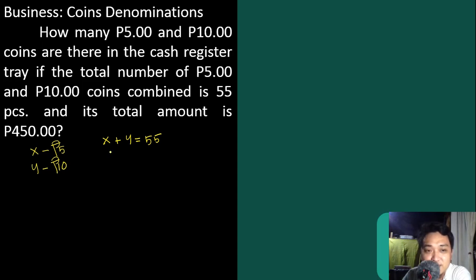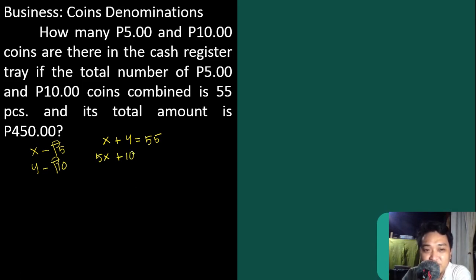And kung i-compute naman natin yung total amount nung pera na meron tayo sa tagli 5 at tagsa 10 piso combined, that could also be represented by 5x. So, bakit 5x? Kasi 5 pesos times kung ilang pirasong tagli 5 piso meron tayo. The same goes with 10 peso coins.